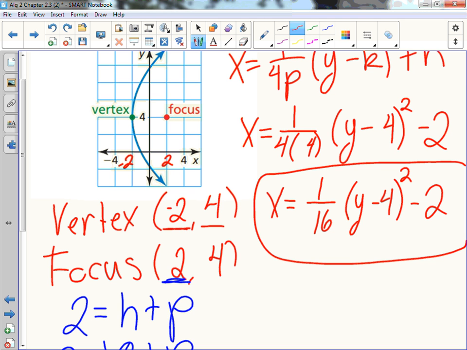And that's our equation for this graph here. Any questions on anything we've covered thus far? Are we good with all of this here?